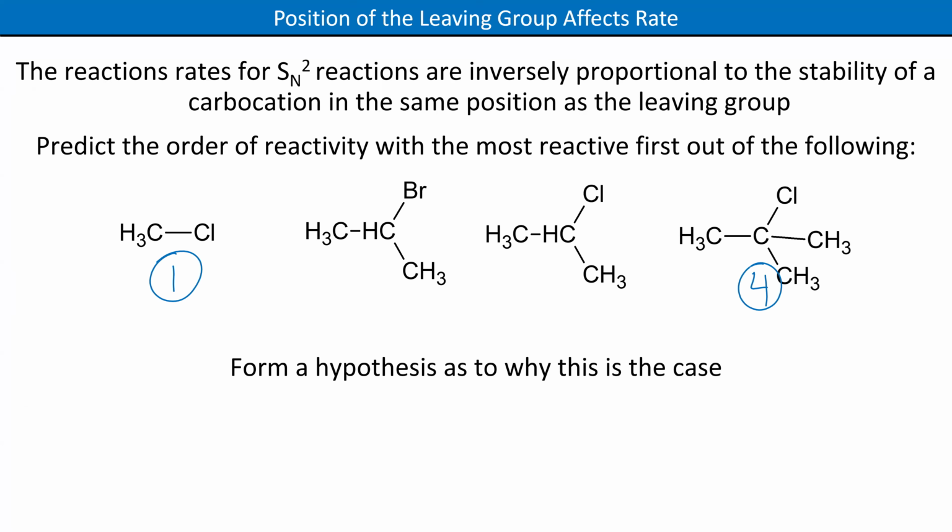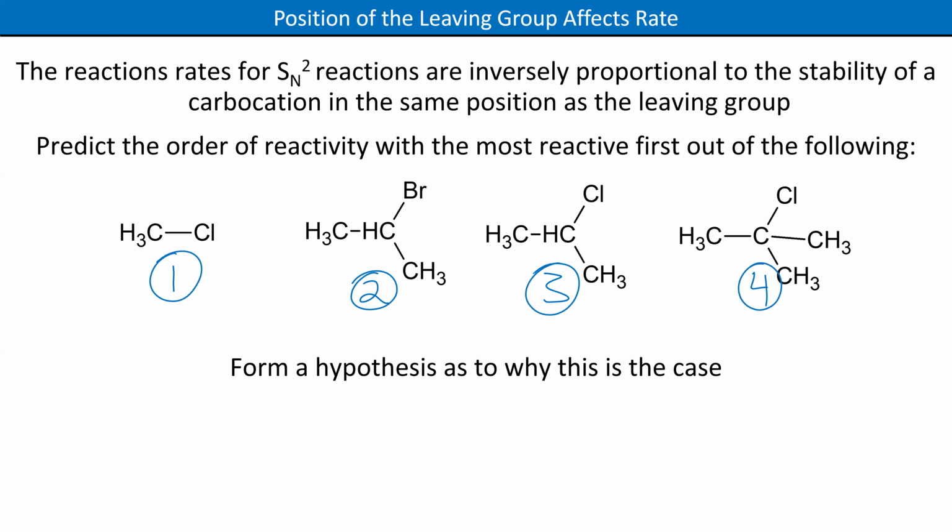Or it's not as... it's a better leaving group. So out of these two, the bromine is more reactive. I didn't look at my molecules closely. Okay, so the bromine is a better leaving group, therefore more reactive. Correct.